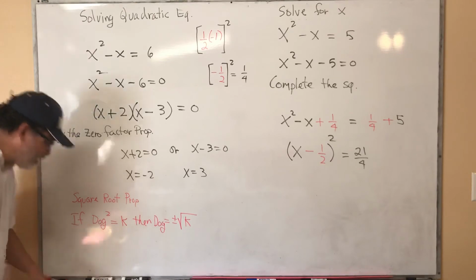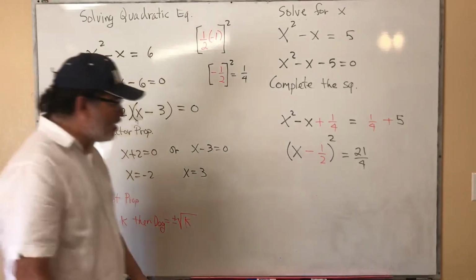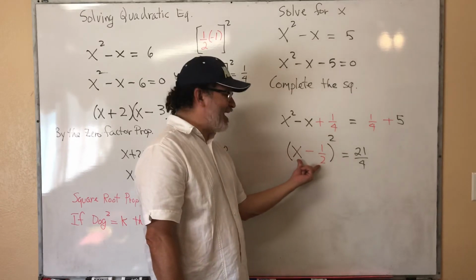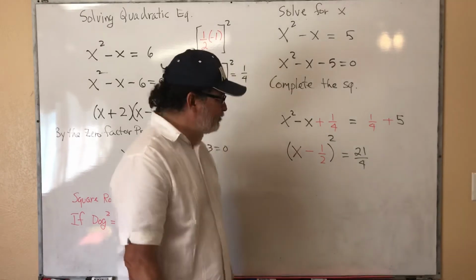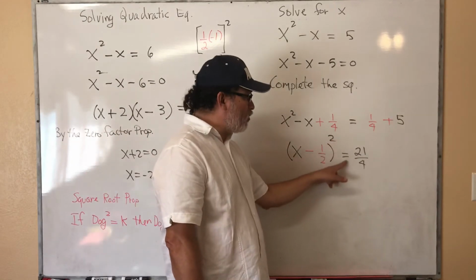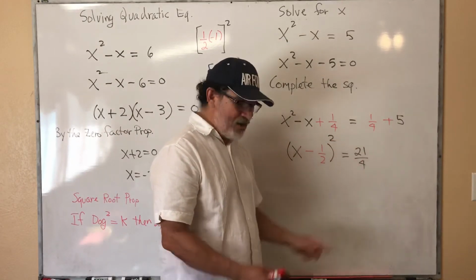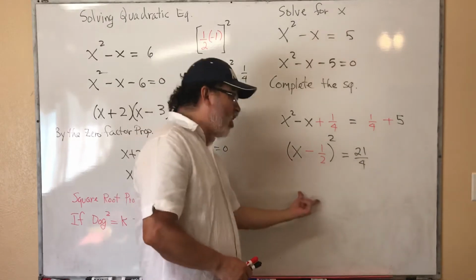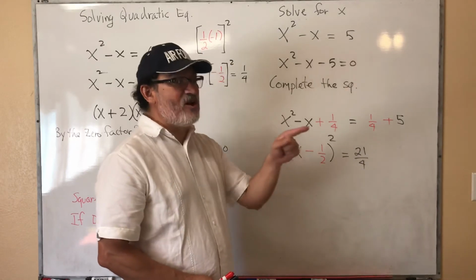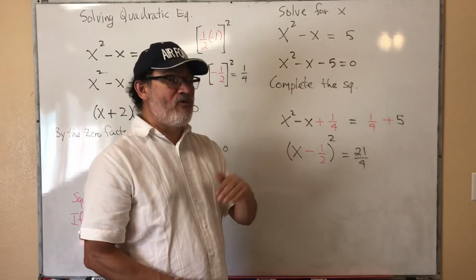Dog is an expression, okay? So here, that's dog. Dog is x minus half. If dog squared equals 21 over 4, then dog equals plus minus the square root of 21 over 4.